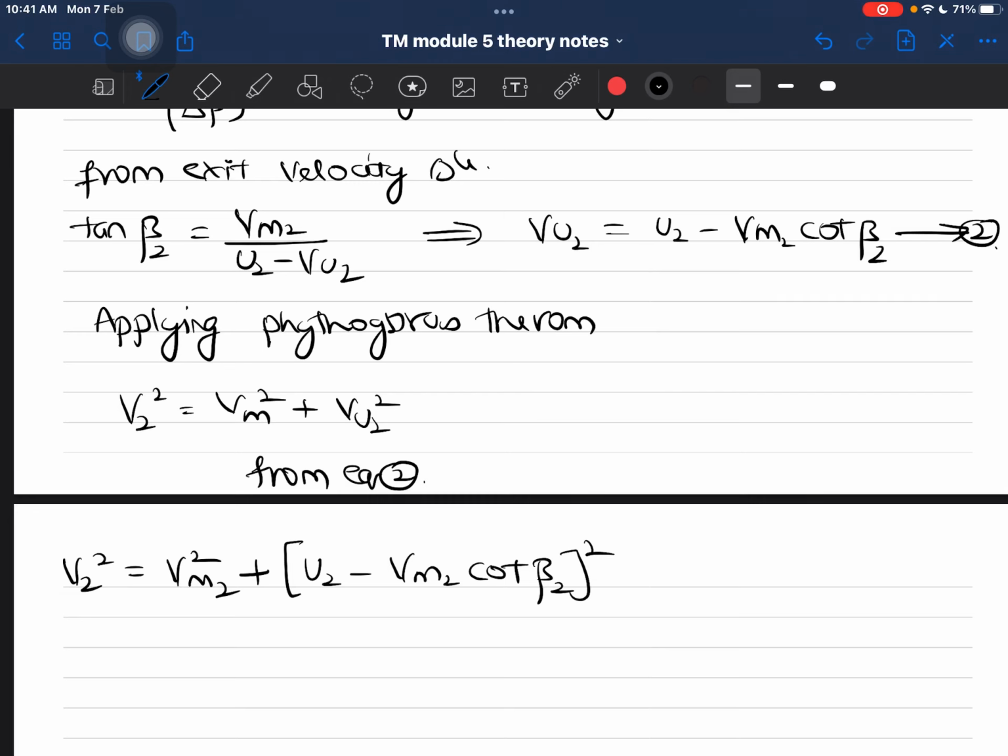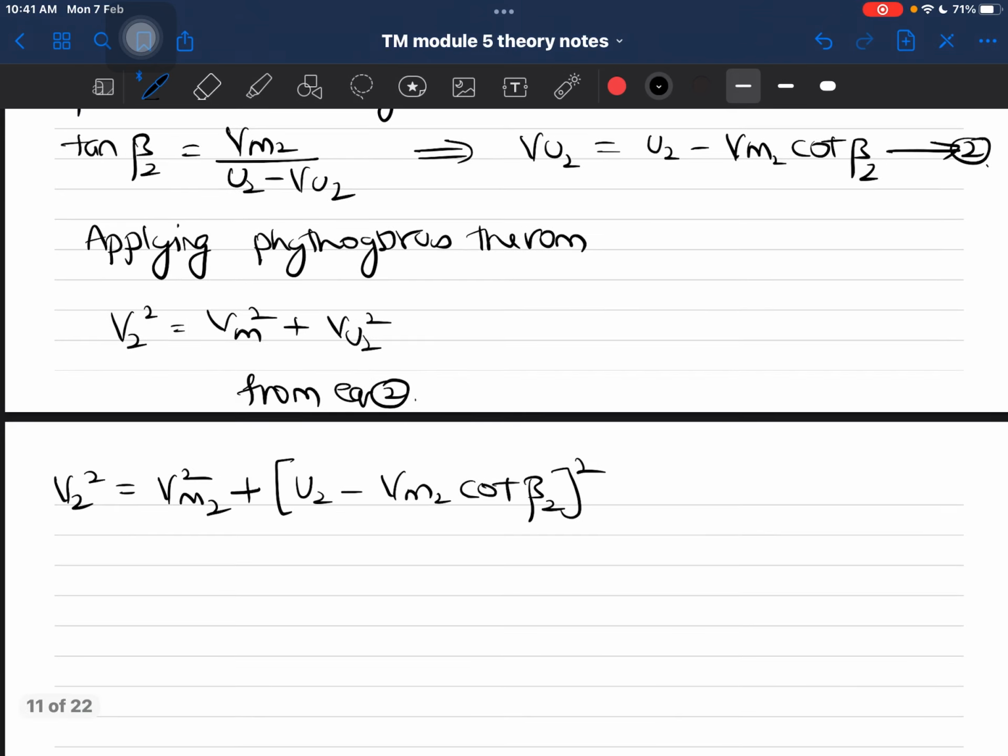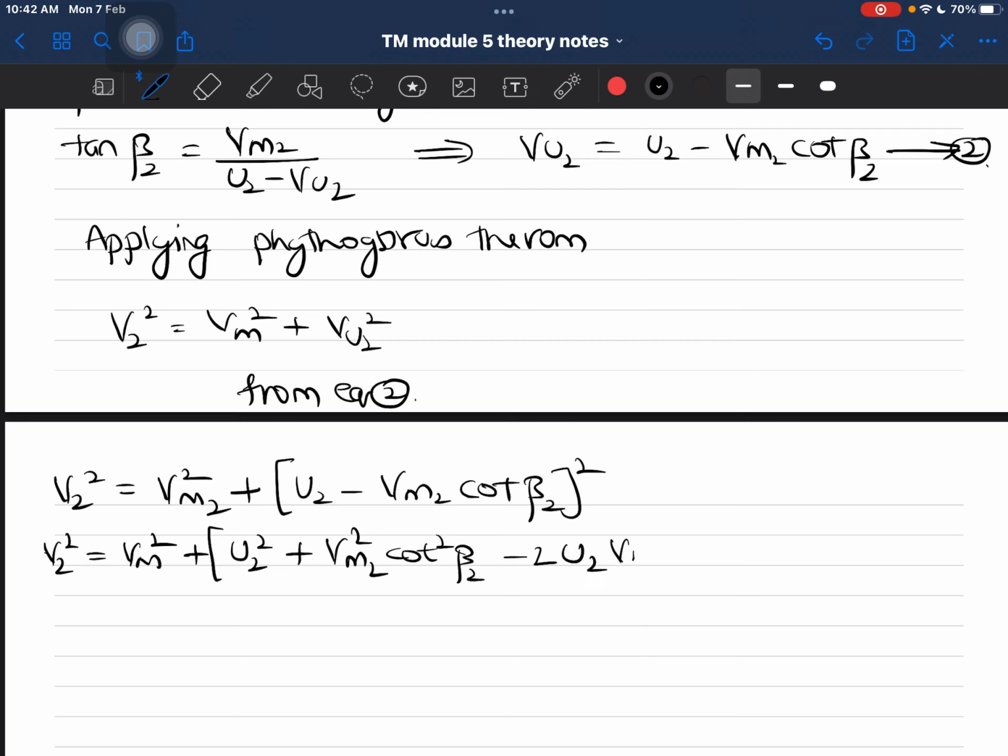Now, a minus b whole square formula: a minus b whole square is equal to a square plus b square minus 2ab, isn't it? Applying the same thing, V2 square is equal to Vm2 square plus u2 square plus Vm2 square cot square beta 2 minus 2 u2 Vm2 cot beta 2.